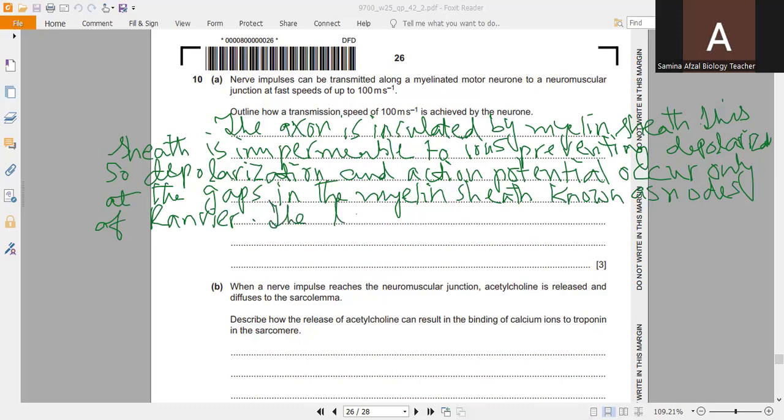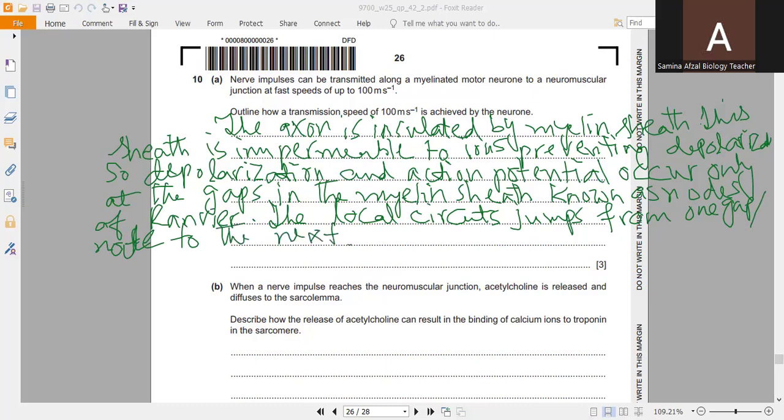The local circuits jump from one gap or node to the next, fast.